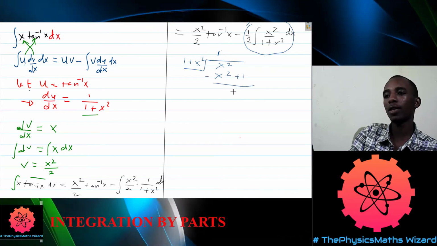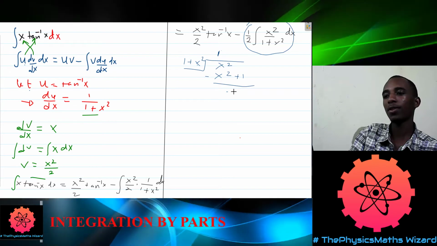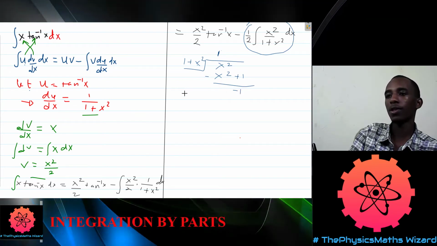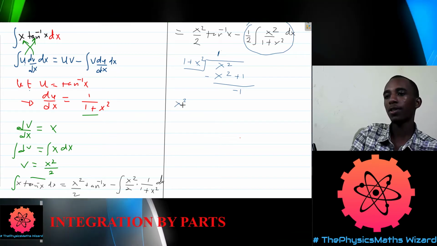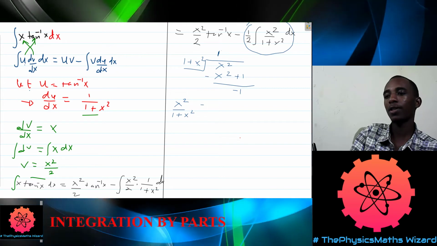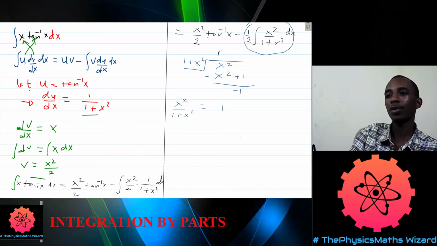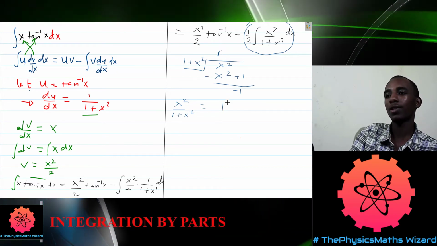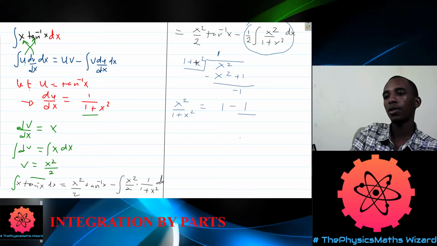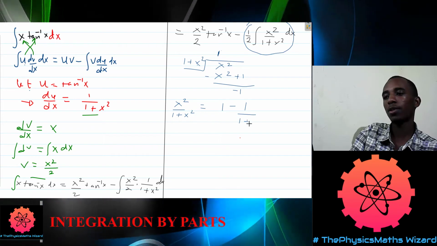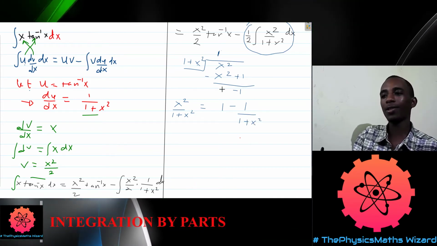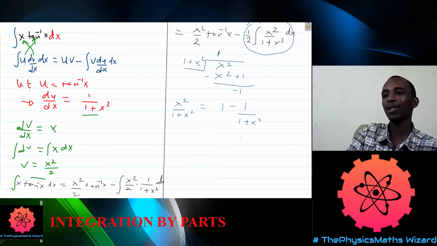If I subtract this, I get negative 1. So all this x squared divided by 1 plus x squared is actually 1 minus 1 divided by 1 plus x squared. Okay, so now this is easier to integrate than this.